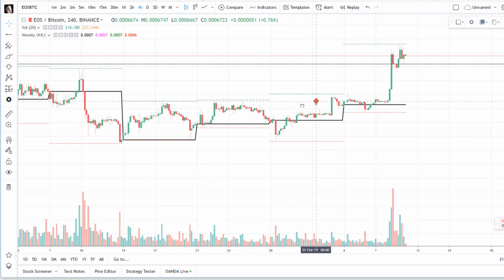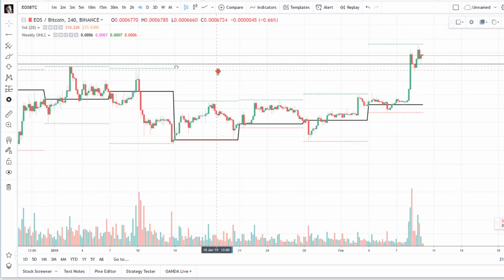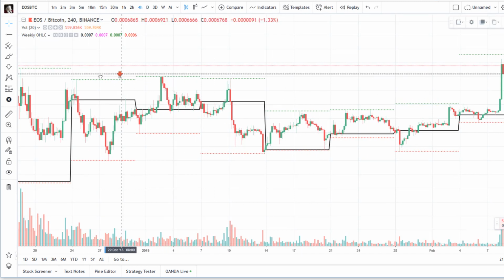Same with here, this open. Right now it's currently experiencing a run in EOS. We can see that it broke through this high, and this high. So these previous highs were used as resistance areas.